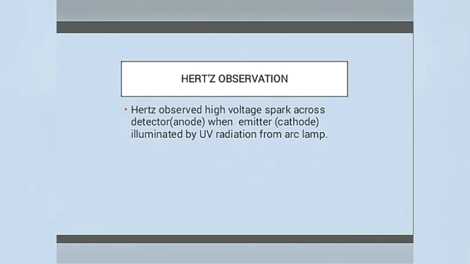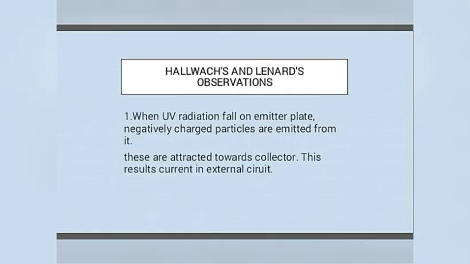When ultraviolet radiation falls on metal surface, free electrons absorb enough energy from the radiation and escape from the metal surface. It means the high voltage spark across the cathode or detector is due to the emission of free electrons.